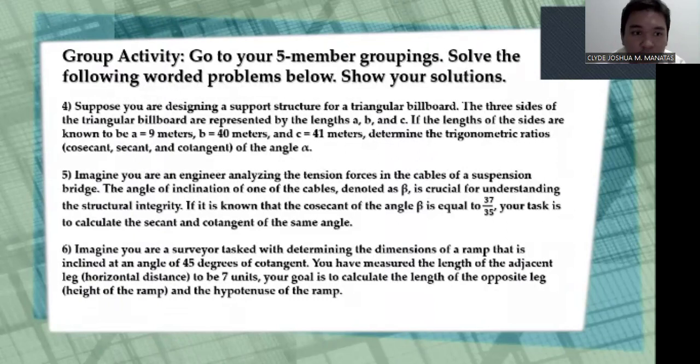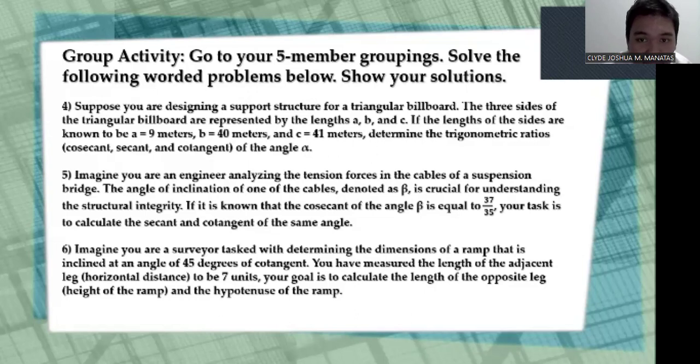The three sides of the triangular billboard are represented by the lengths A, B, and C. If the lengths of the sides are known to be A is equal to 9 meters, B is equal to 40 meters, and C is equal to 41 meters, determine the trigonometric ratios cosecant, secant, and cotangent of the angle alpha.